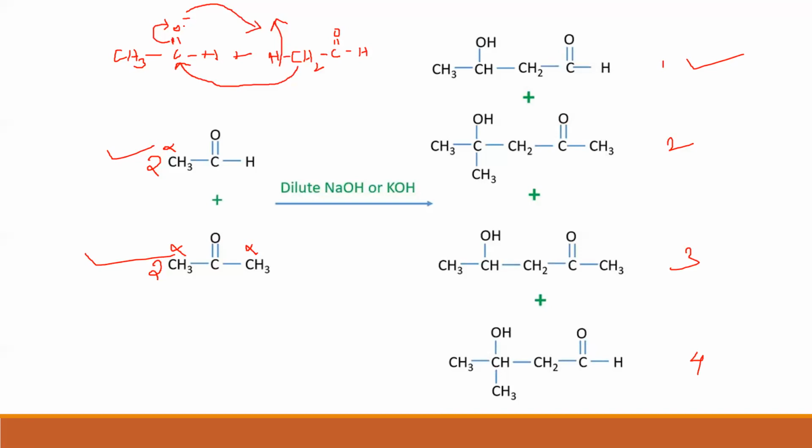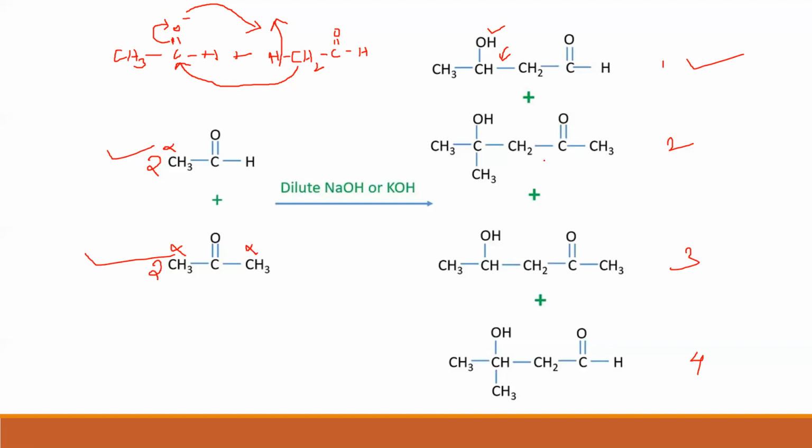So this will become OH as indicated here, clear? And this CH2 has attacked this carbon to form this bond, which is what is shown here. So the CH2 from the second molecule forms a bond with this carbon, giving us the first product. Clear? Then look at the second product.